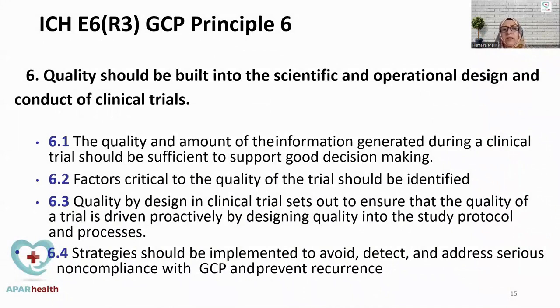So the quality and the amount of information generated during the trial should be sufficient to support a good decision making. So whatever data is generated and the information we are collecting out of it, that should be good enough to help us make a sound decision about the effectiveness of the drug or the treatment plan.